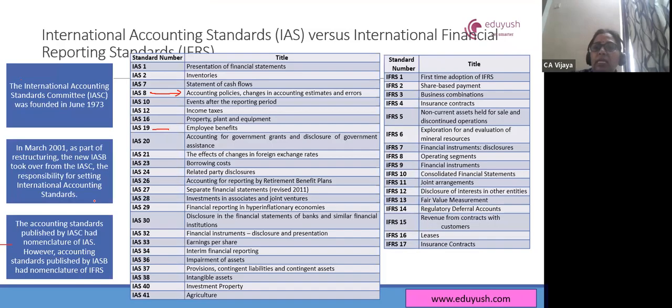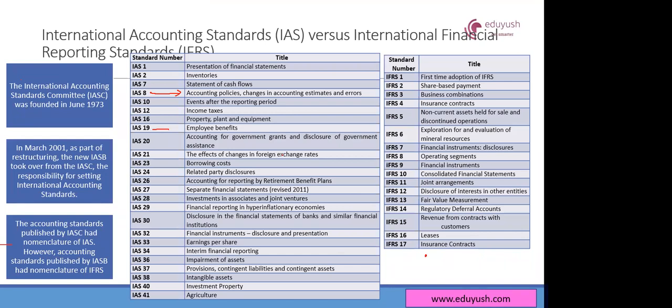Any examples which are in transition? Okay. Now there is an accounting standard on exploration. I think that is just coming out, and that would be a transition standard as of now. IFRS 18, I think that is one example that I can give.